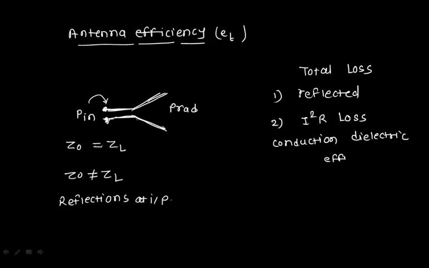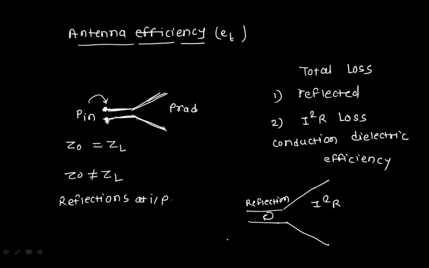So when it comes to the total antenna loss or total antenna efficiency, I need to consider these two losses. If I draw it in a simplified manner, this is my antenna, and whatever power is given to the antenna, the first loss I'll observe is the reflections here because of the mismatch. The second I'll observe is the I square R loss.